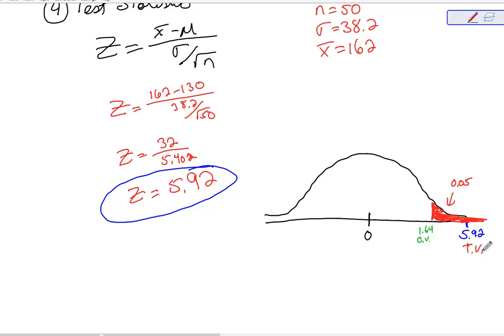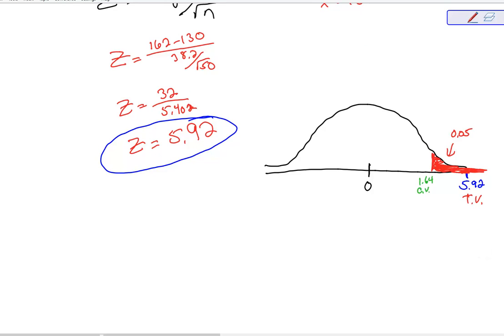Which, let me go ahead and say, we never accept the null hypothesis. We either reject or do not reject. Think of a courtroom. You never find someone innocent, you just find them guilty or not guilty, because there's always room for error. Same thing here. We're going to either reject or not reject our null hypothesis.